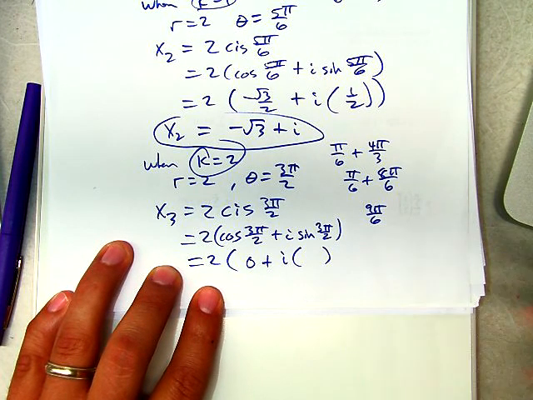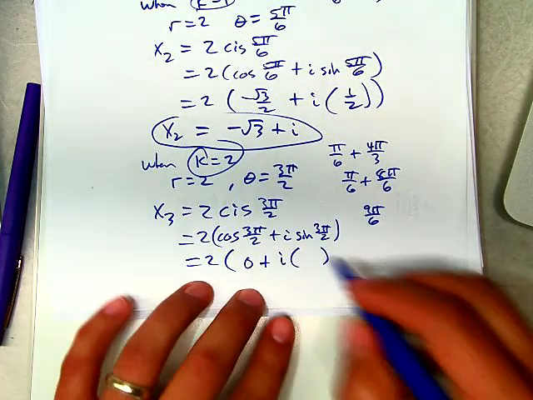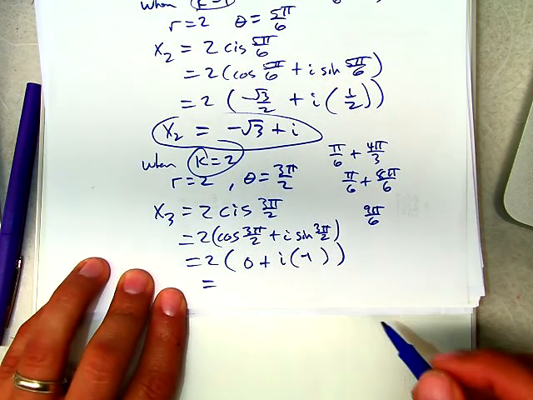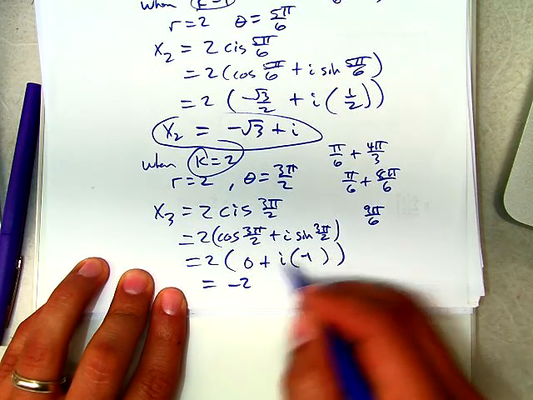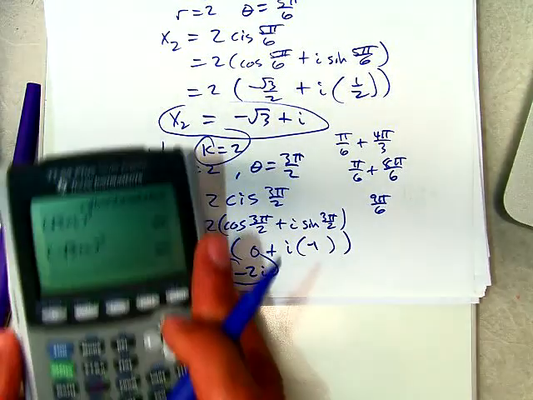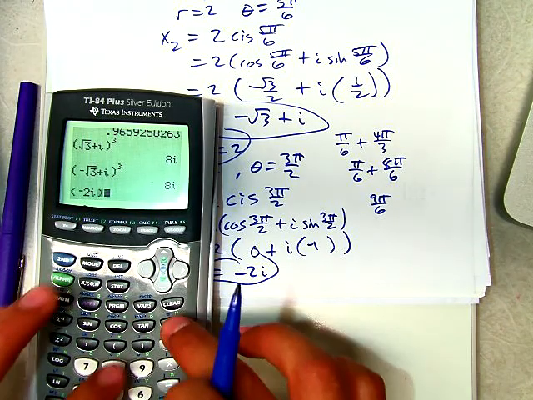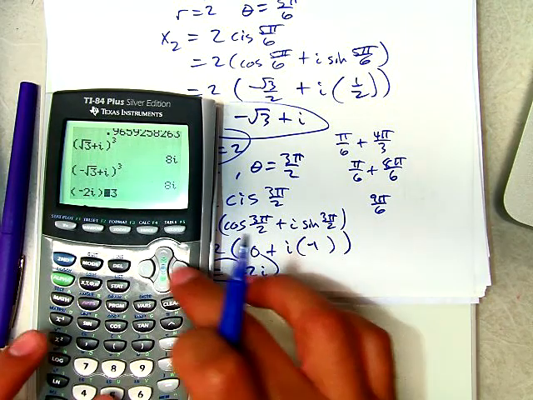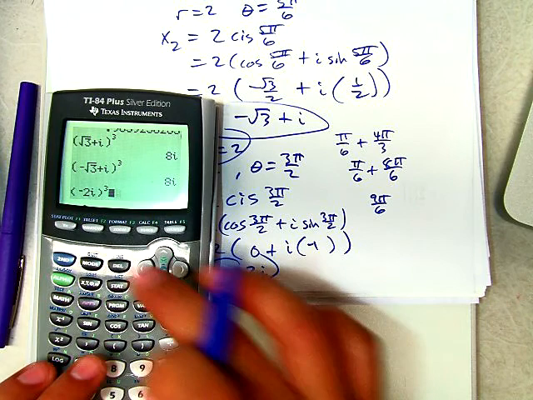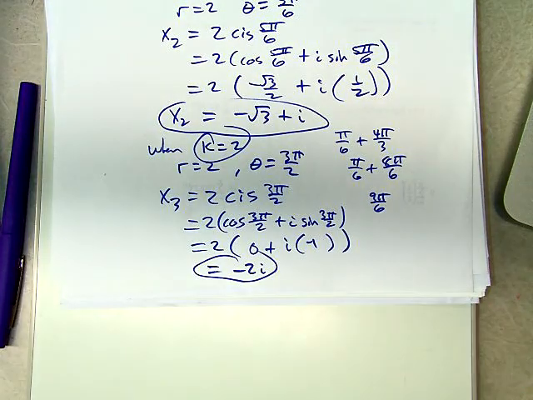And the sine of 3 pi over 2 is negative 1. So negative 2i is my final cube root. And let's check it out. Negative 2i cubed. Whoops. There it is. Okay, so that's how we find roots of any number.